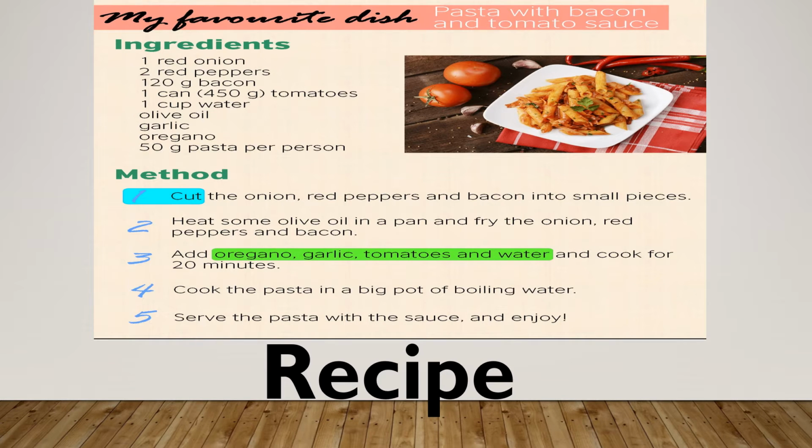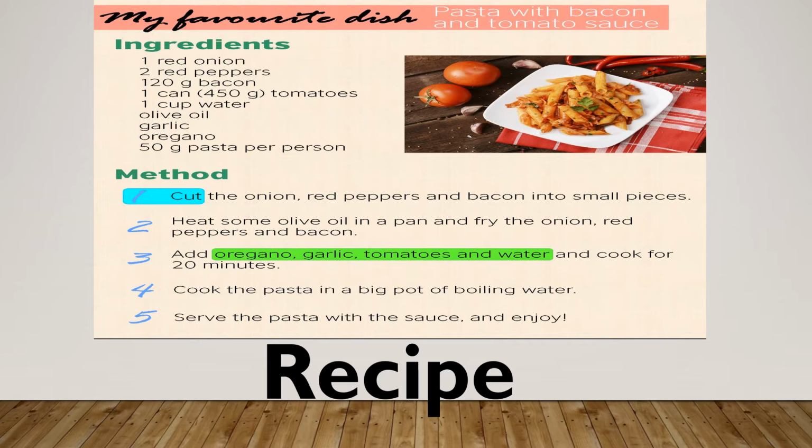To prepare any meal, you have to follow the instructions of a recipe. What is a recipe? A recipe is a set of instructions for preparing a particular dish, including a list of ingredients required. For example, we have here the recipe for pasta with bacon and tomato sauce.